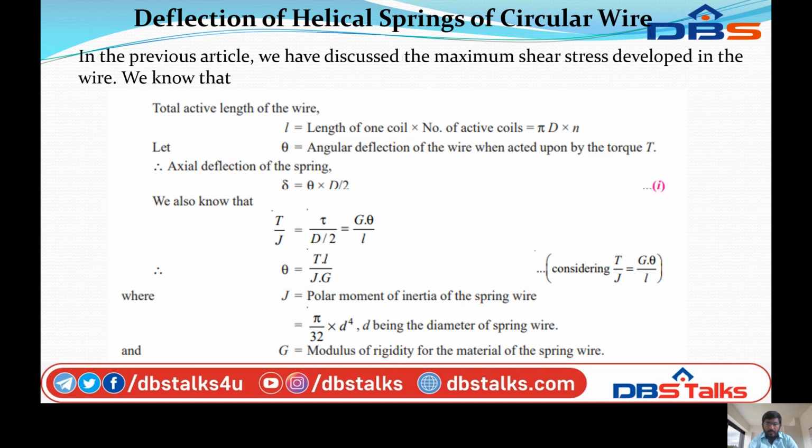We also know that T by J is equal to tau into d by 2, which is equal to G theta by L. So considering T by J equal to G theta by L, therefore theta is equal to TL by JG, where J is the polar moment of inertia of the spring wire, that is equal to pi by 32 into d power 4, where d is the diameter of the spring wire and G is the modulus of rigidity for the material of the spring wire.